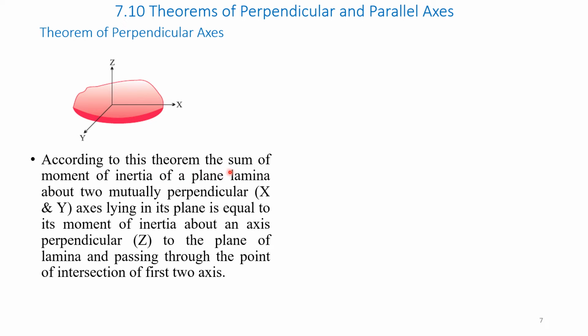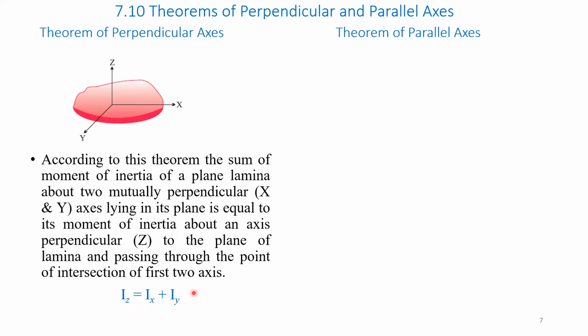According to this theorem, the sum of moment of inertia of a plane lamina about two mutually perpendicular axes lying in its plane is equal to its moment of inertia about the axis perpendicular to the plane of the lamina and passing through the point of intersection of the two axes. So the moment of inertia about the z-axis is equal to the moment of inertia about the x-axis plus the moment of inertia about the y-axis, that is Iz is equal to Ix plus Iy.